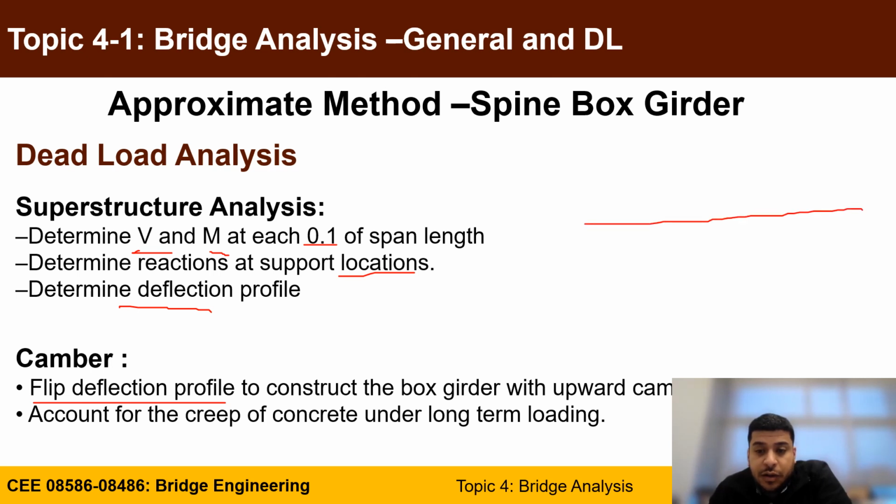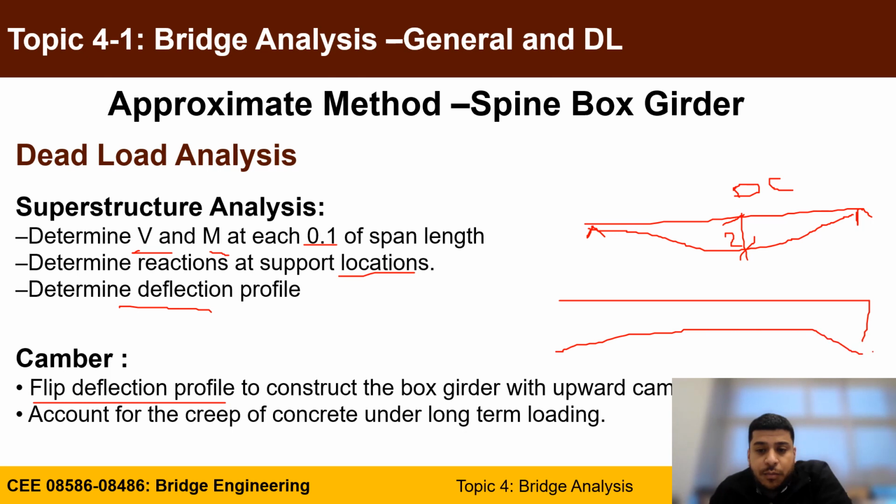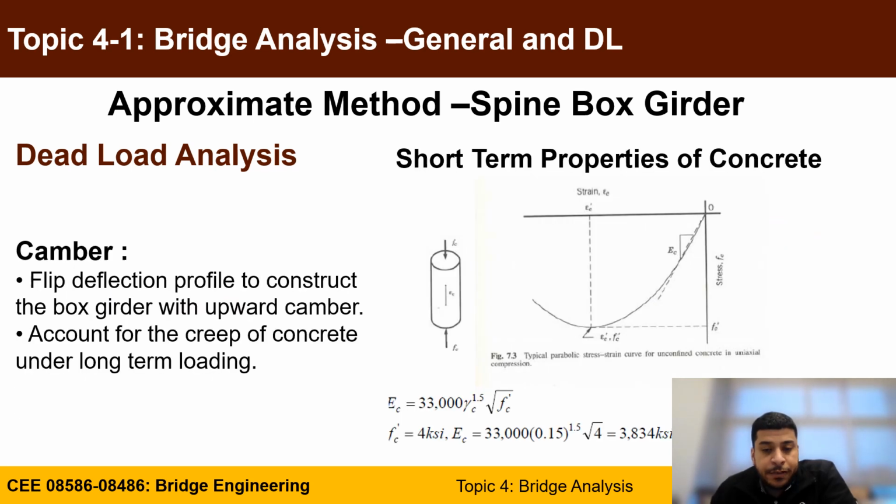So assuming under DC loading, let's say this is a DC load, you will have a deflection, let's say 2 inches. You will form your superstructure so that it actually creates a camber in your structure, an upward deflection. So when we apply DC, it becomes flat and it deflects only for additional load like DW and live loads.